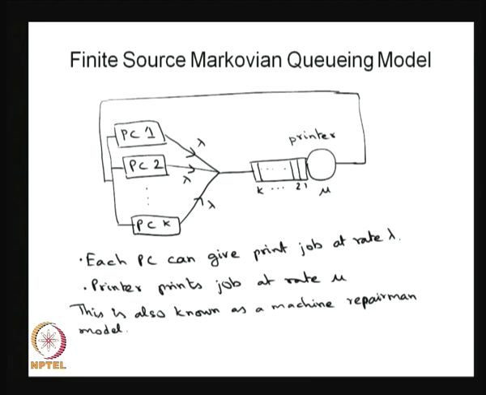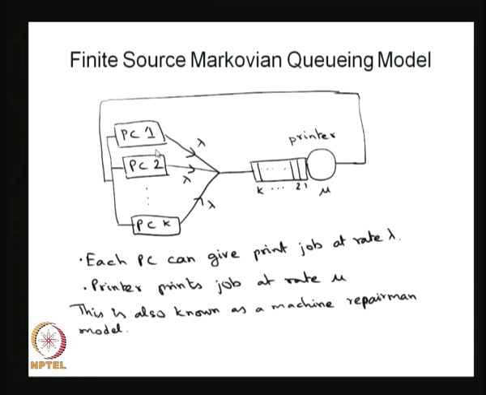Application of a continuous time Markov chain, that is, finite source Markovian queuing models. This model is also known as the machine repairman model, and you can think of these pieces as the machines, and this is the repairman.